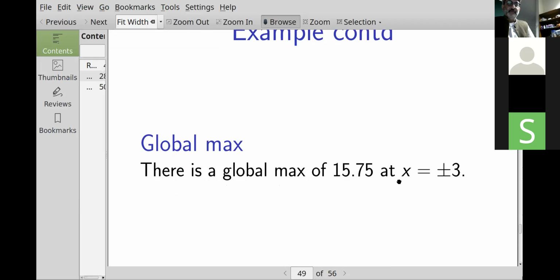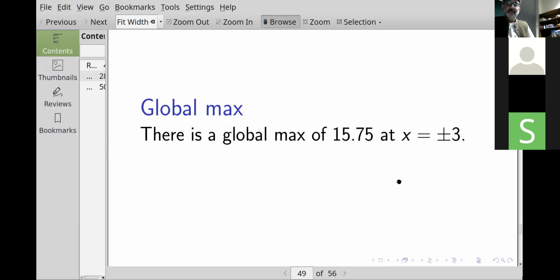It's possible that some of the local maxes could be global maxes also, right? But in this case, it's not the case. So we get a global max of 15.75 at x equals ±3.